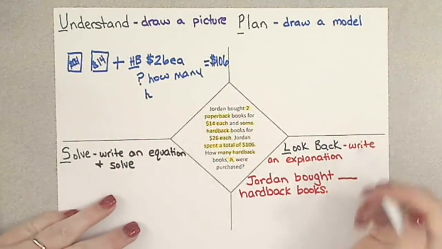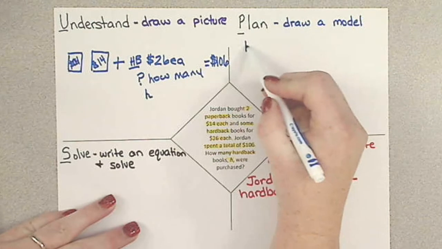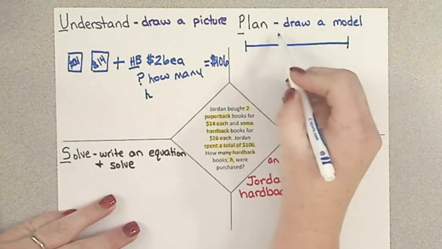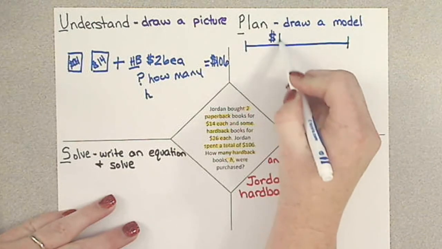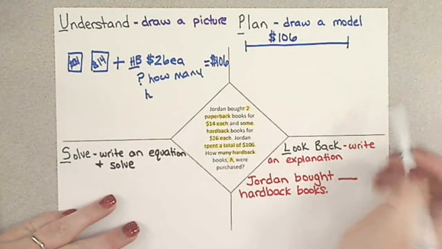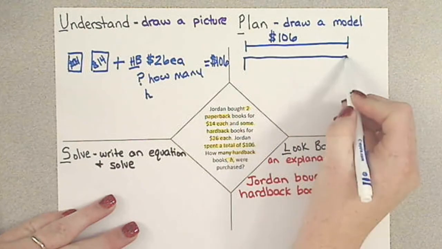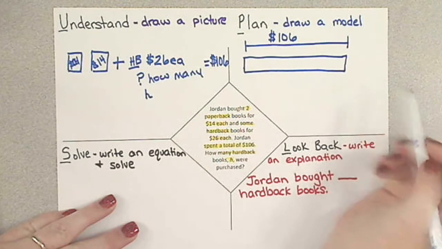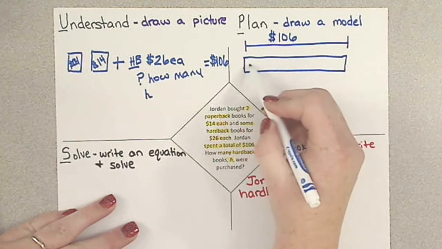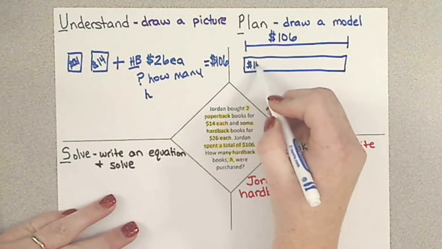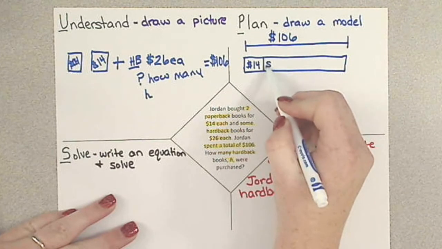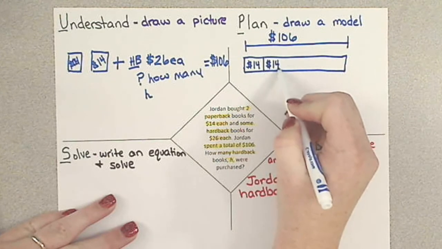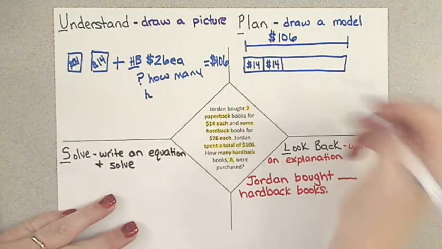Now I'm going to draw a model. I'm going to start with my total bar, which represents $106, because that's how much he spent. And then I'm going to have my parts bar. I know that he spent $14 on 2 paperback books.